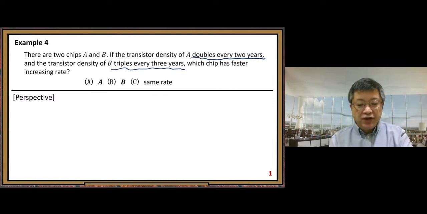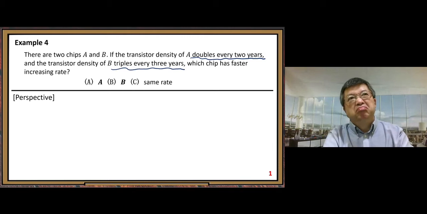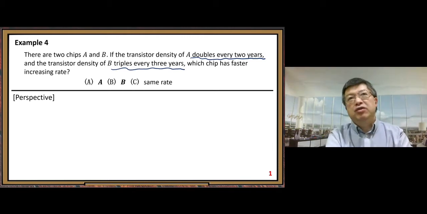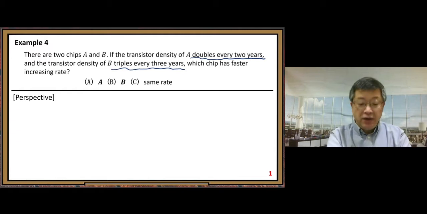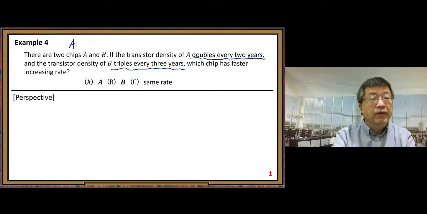To find the answer, you can calculate each individual increasing rate. Some students do it this way. For A, because it doubles every 2 years, 2 equals 1 plus R1 every 2 years.